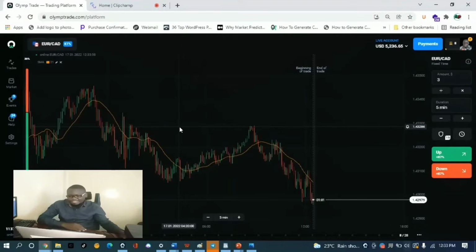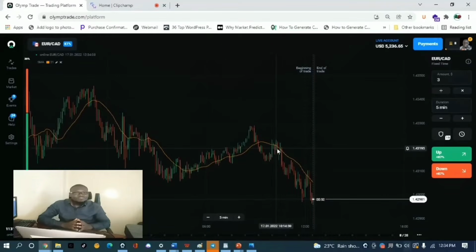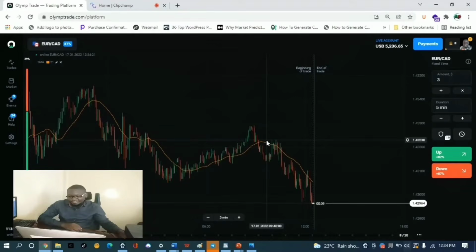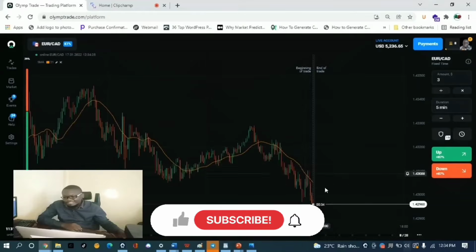So now after you set the SMA to period 21, you'll notice that it's now getting further away from the price. And if you look at it at the moment, you'll notice that it's facing downwards. When the SMA indicator is facing downwards, then what you need to know, either as a beginner or as an advanced trader, is that this depicts falling prices.